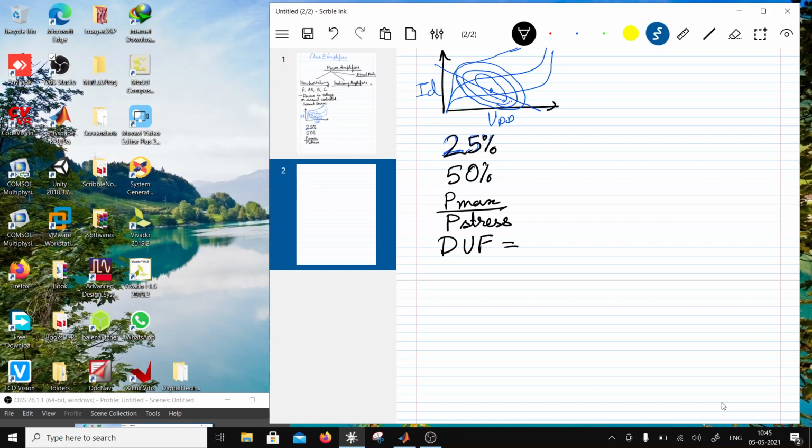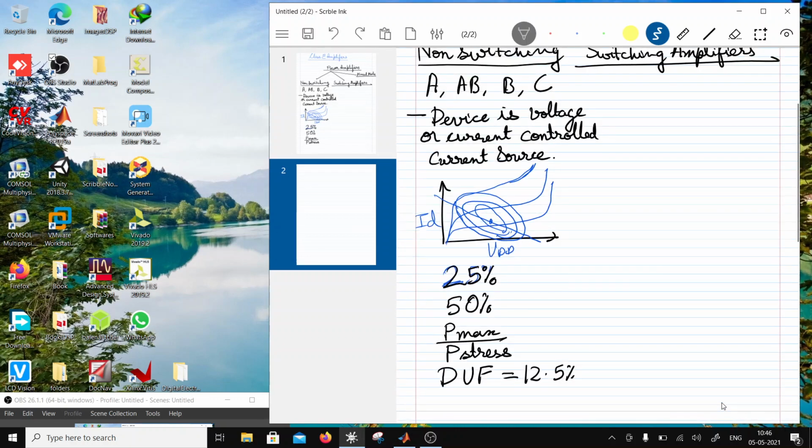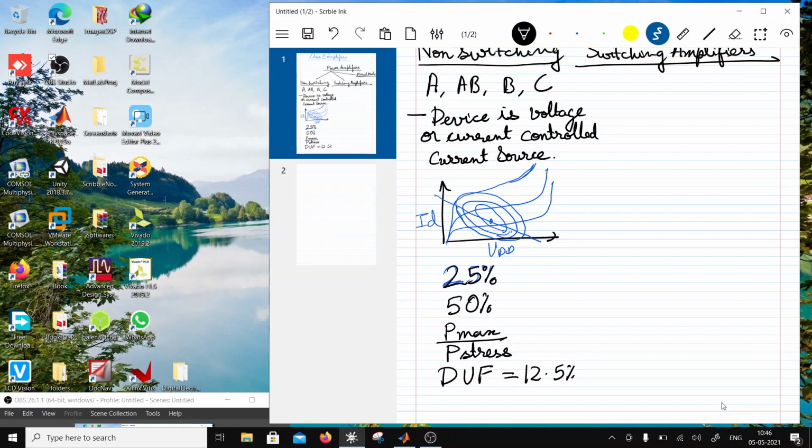And for a Class A amplifier, this is going to be 12.5%. That means that if a device is stressed at, let's say, 1 watt, then you can deliver only 12.5% of that 1 watt. So this is an example of a non-switching amplifier.